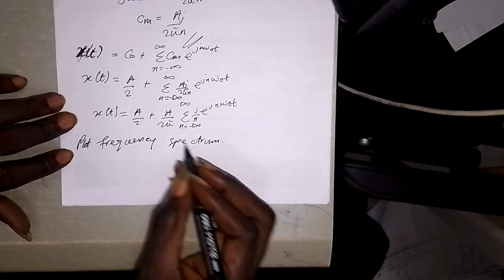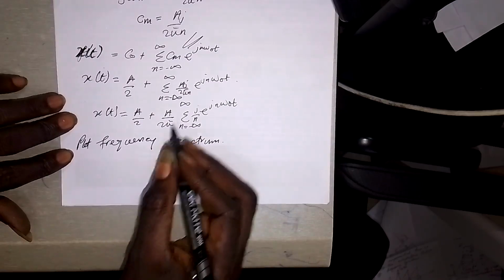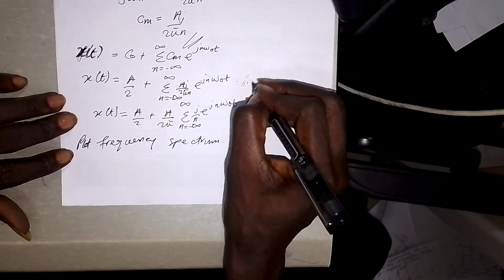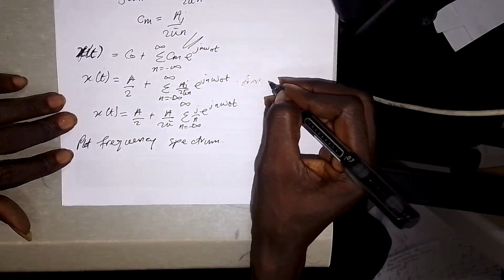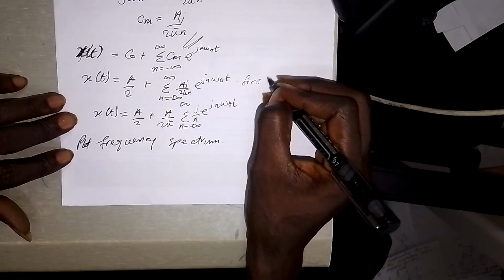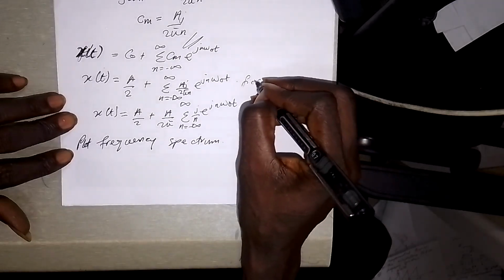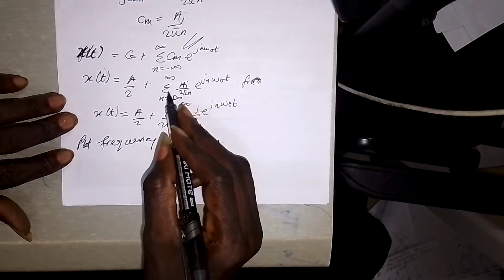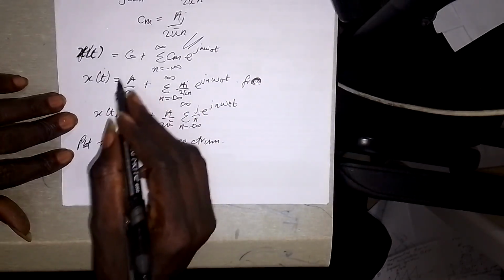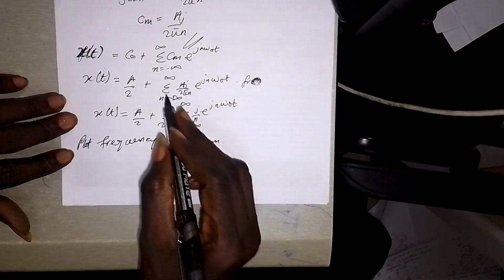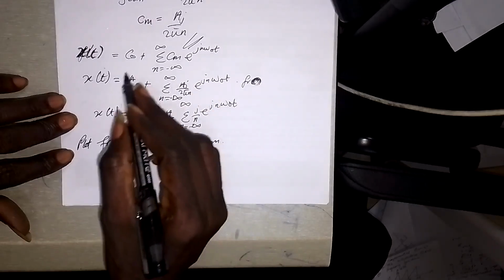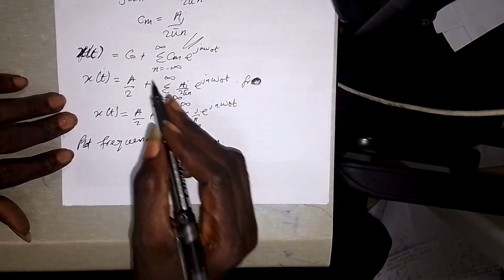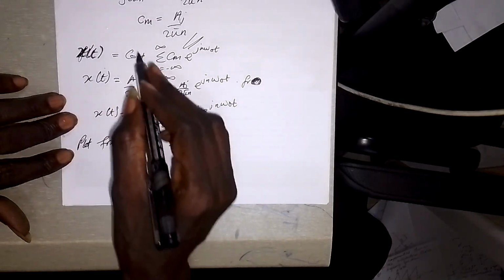But I have to tell you that here, for n equals to 0, I've already found c0 here.